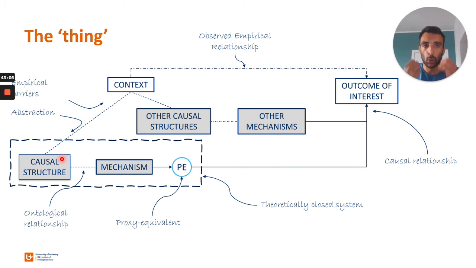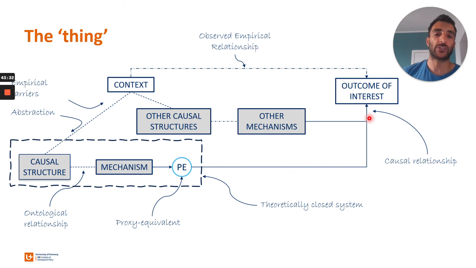And so we're trying to look for causal structures that are ontologically linked to a mechanism. There's an ontological relationship to a mechanism. So we're looking for causal structures that are present in empirical carriers that are ontologically related to a mechanism, and that together with other mechanisms lead to our outcome of interest.